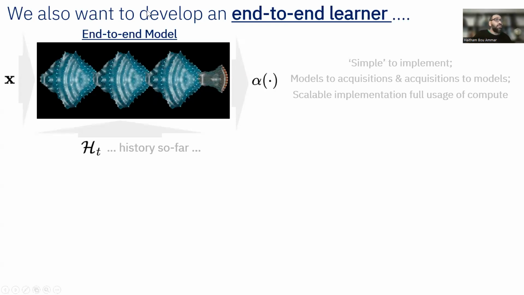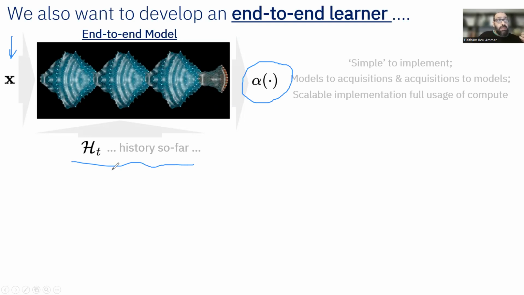So imagine I could actually build a model that will go from X and the history, and tell me what acquisition value corresponds to this X, given that history.